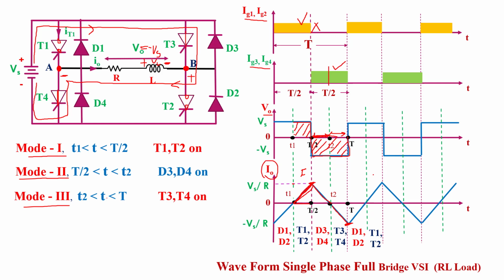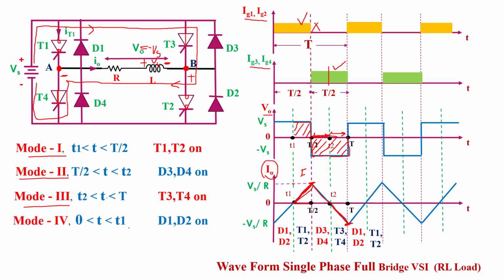So here we see at the output voltage and output current waveform, current is also increasing but in reverse direction, and due to the nature of inductive load, current increases exponentially with respect to time in reverse direction, and output voltage is minus Vs.